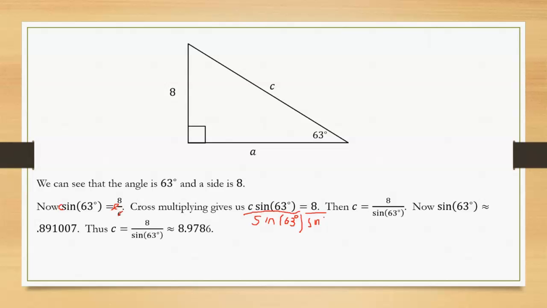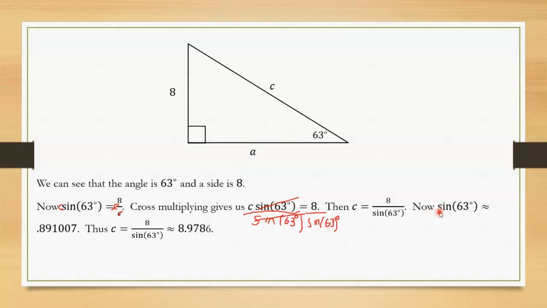Oh well, everyone can read that. We divided by sine of 63 degrees because again, we want to get C. What do we do next? These are going to cancel. We get C is 8 divided by sine of 63 degrees.